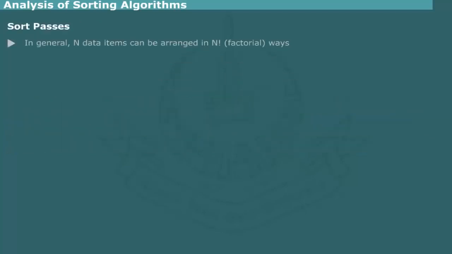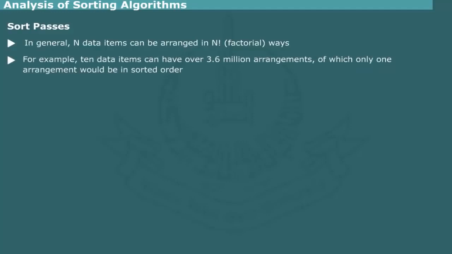In general, a set of n data items can be arranged in n factorial ways. The possible arrangements grow tremendously as the number of items in the collection increases. For example, a collection of 10 data elements can have over 3.6 million arrangements.